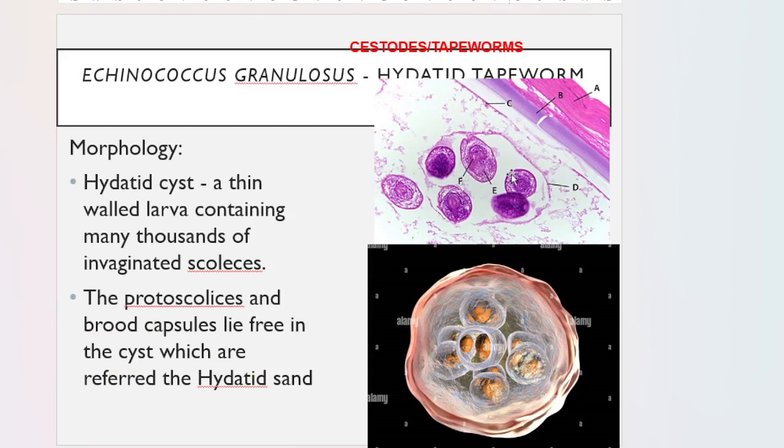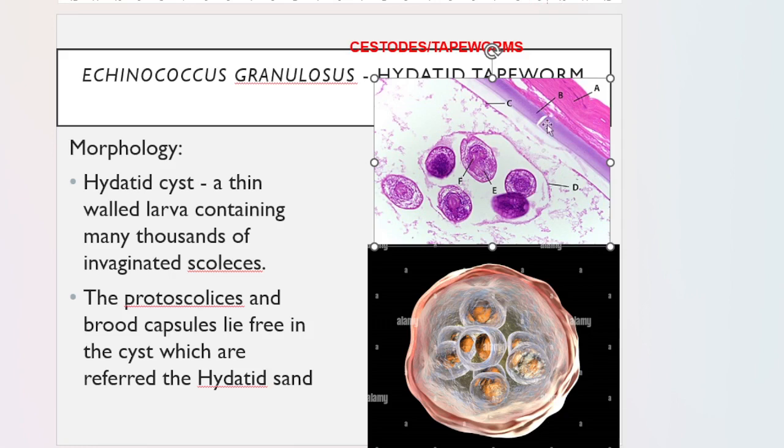So, morphology, here we have the hydatid cyst. It is a thin-walled larva containing many thousands of invaginated scolices. So we have here yung A. This one encapsulates the hydatid cyst wall, which is composed of a cellular laminated layer.